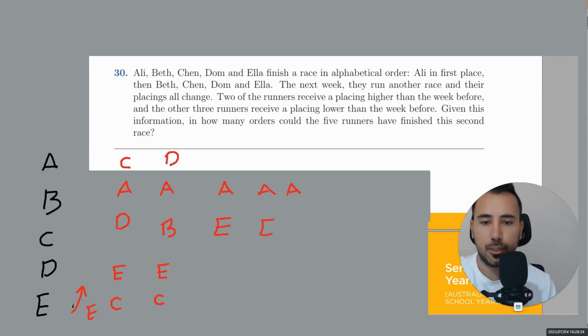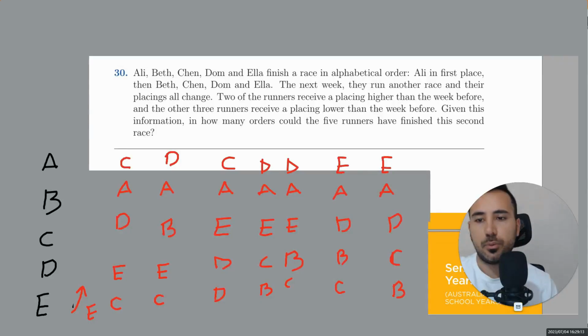You could just come up like this. So C, D, B, C, B, and then D, B, C. Okay, the other one that I wrote here is E goes all the way up, A is still 1 down. So D has to go up, BC will go down, and then CB. Okay, so this is 7.